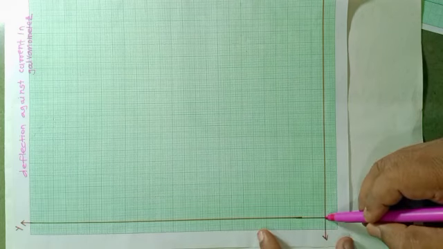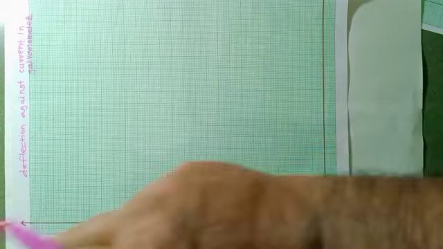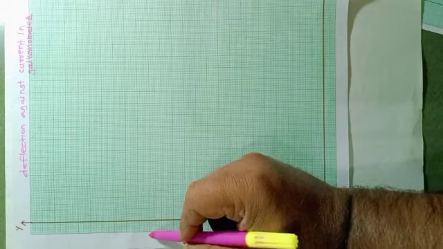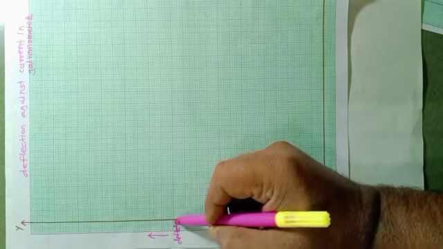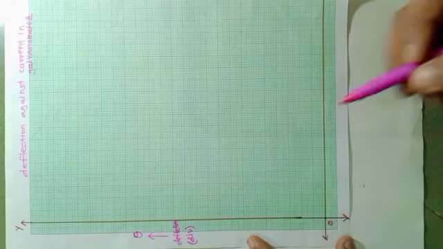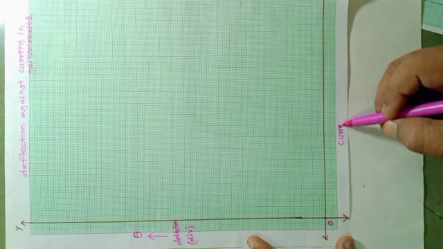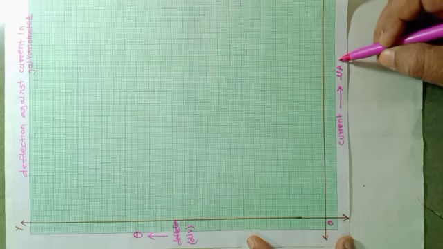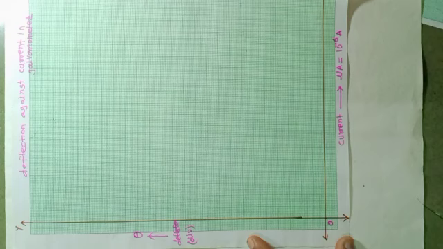The two perpendicular lines meet at origin O. Here vertical line represents y-axis. On y-axis deflection is there, which is in division, and on x-axis current is there, which is in microampere, equal to 10 to the power minus 6 ampere.